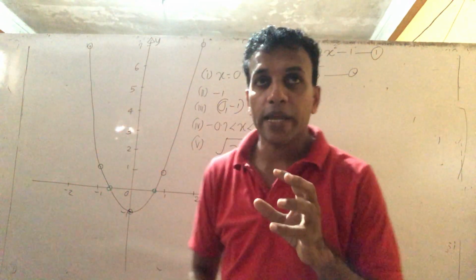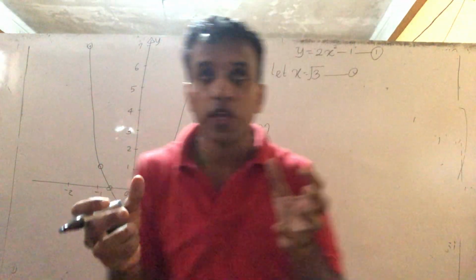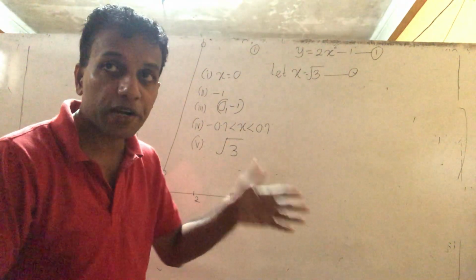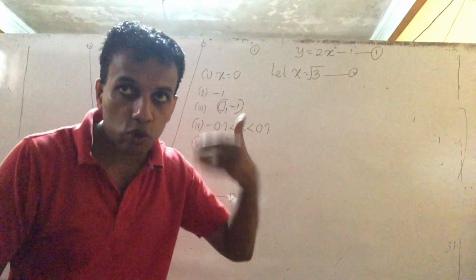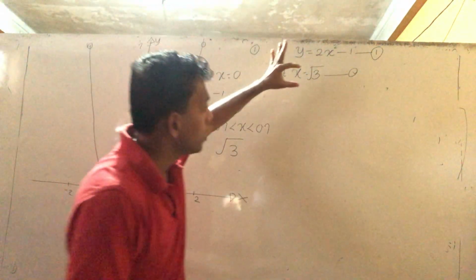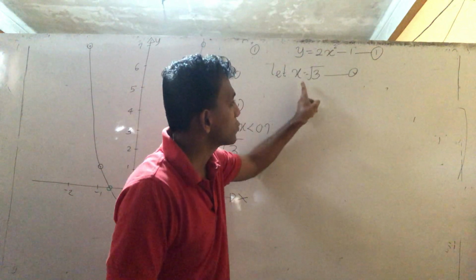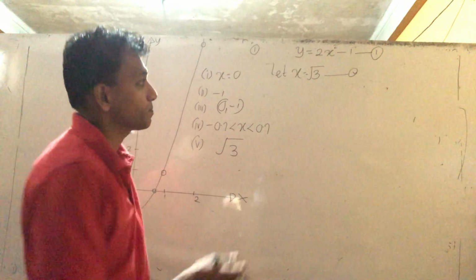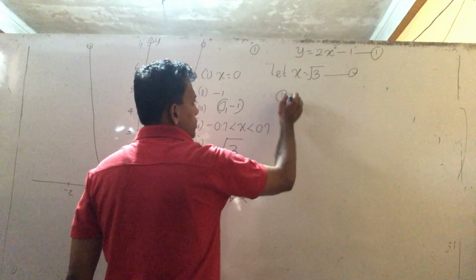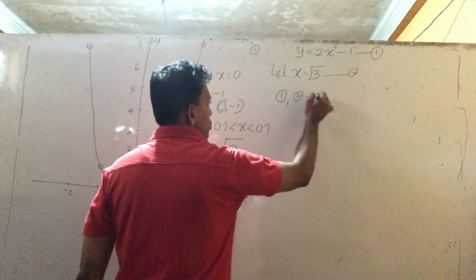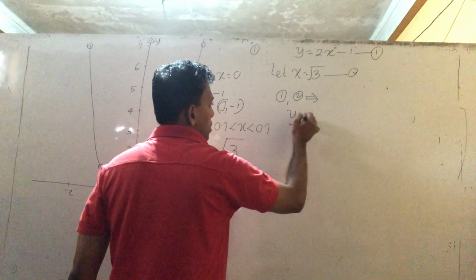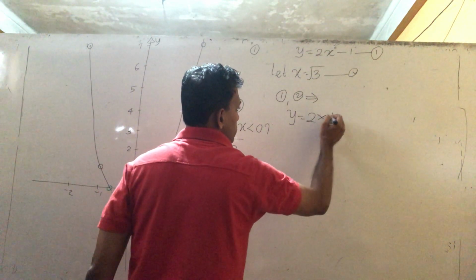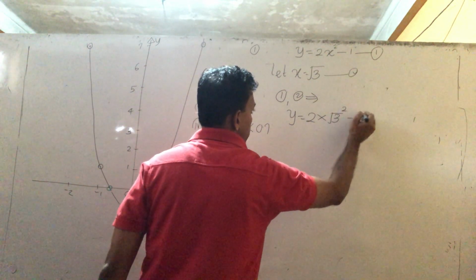Okay, now the idea: we have to solve these two equations as a pair of simultaneous equations. The main part is to remove the x squared. The easy method is to put x equals square root 3 into the first equation, substitute. So y equals 2 times root 3, squared, minus 1.